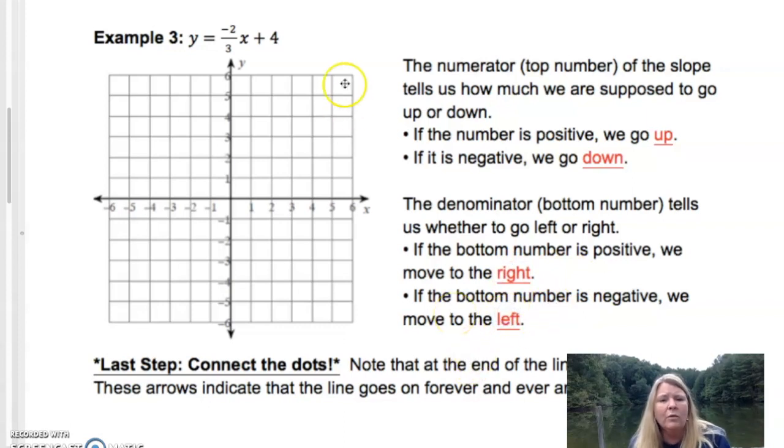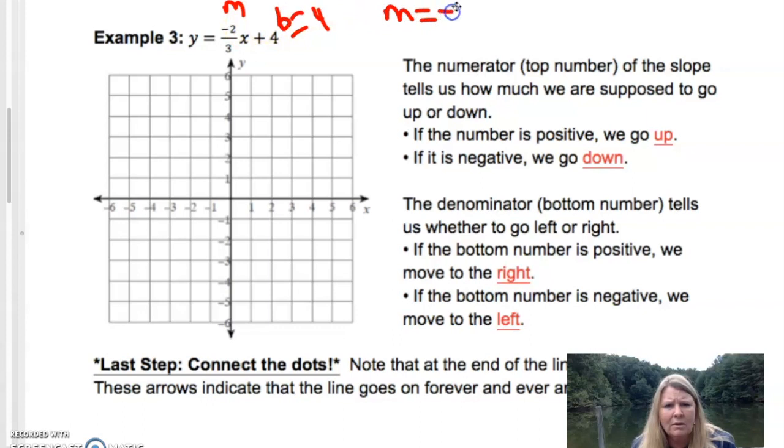Now, let's go back and review. There are 2 parts that we have right here. The b is 4, that's the y-intercept, and the m value is right here in front of the x, and the m is negative 2 over 3.